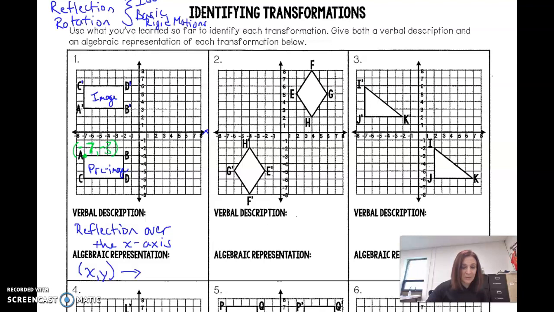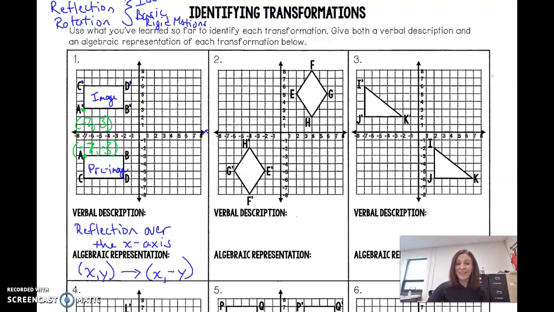A prime right here is at -7, +3. Okay, so both of these stayed -7. So our x is going to stay the same, but then -3 became +3. So we're going to take the opposite of whatever our y value is. Okay, so this is that coordinate notation we are working with. Let's try another example.